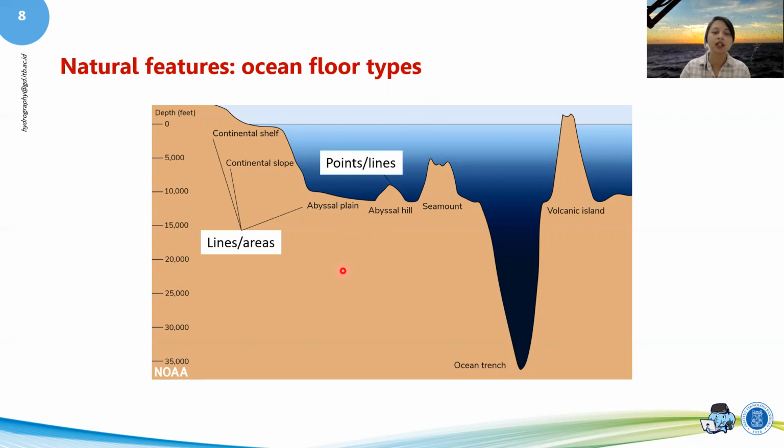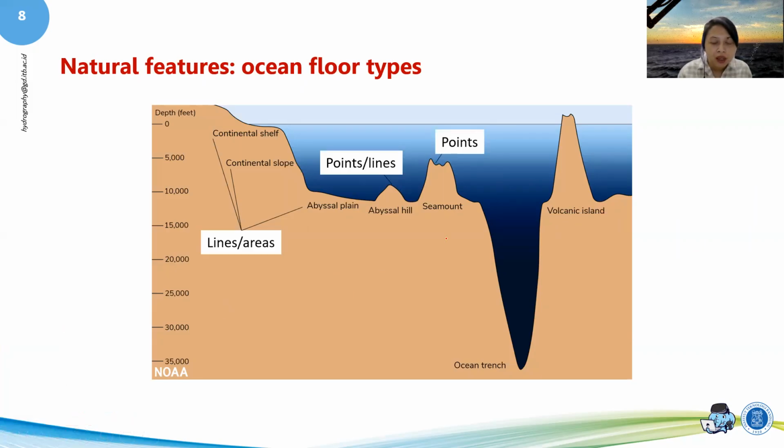For abyssal hills, you can draw them as points if the hill only has one summit. But sometimes abyssal hills look lengthened, so you can also define them as lines. But I don't think you can define them as area because they're not big enough. And then seamounts, normally you just define them as points because they only have one summit, unlike abyssal hills.